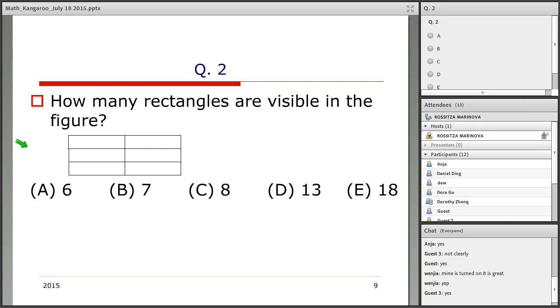I see that you guys are working really hard. Maybe I'll give you a couple of more seconds. Those who have already answered, I just want you to look at the rectangle closely again, just to make sure that you haven't missed any of those hidden rectangles in this bigger figure.